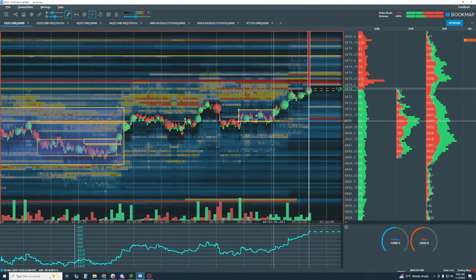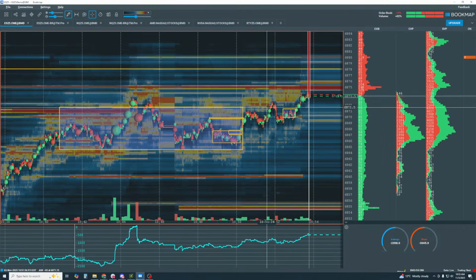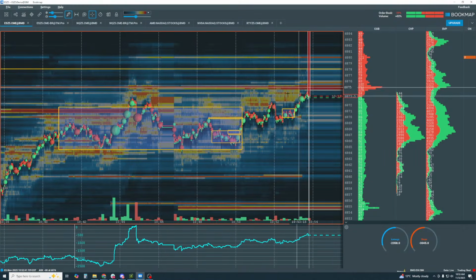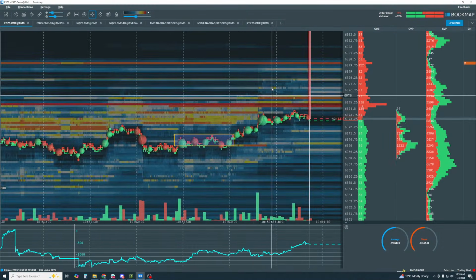Okay, here's another one right here. But let's just zoom out and look at our bigger picture. So that's where maybe I don't want to get in. Does that make sense, Shark? I hope I'm not confusing.